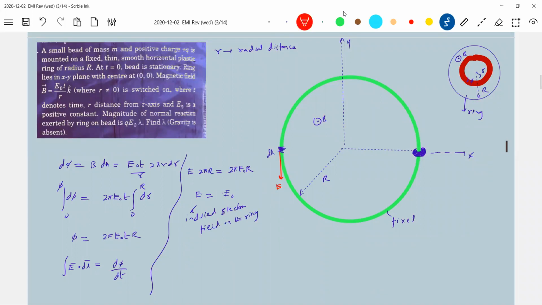That E is what I can show here. Because of this E, the positive charge will experience a force. Let's calculate that force, m into a. So this will be qE.